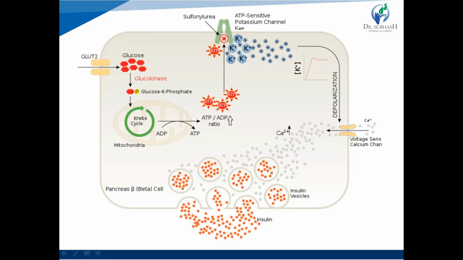When sulfonylurea binds with this channel, the efflux of potassium is blocked, and because of this blockage, depolarization of this beta cell results. Due to this depolarization, voltage sensitive calcium channels are opened, and calcium enters the beta cell, so the level of calcium in the beta cell is enhanced.